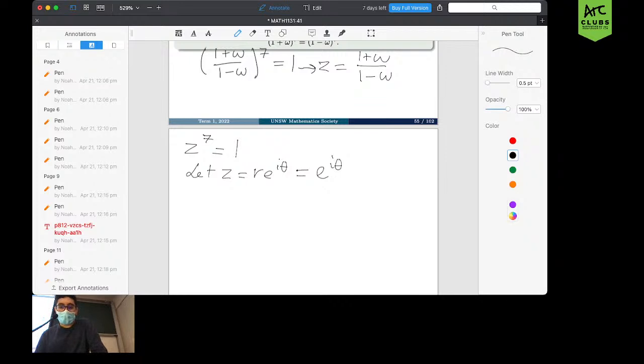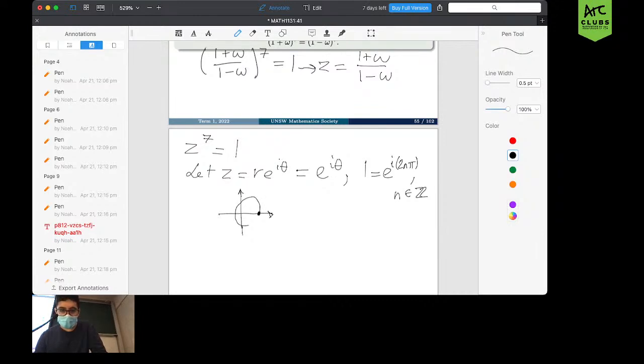Since our left-hand side is now in polar form, we want the right-hand side to be in polar form. So we write 1 is equal to e to the i of 2n pi, where n is an integer. Because if we look at the complex number diagram, or the Argand diagram, whatever you want to call it, then if we have the complex number 1, it lies on the real axis, and it has argument 0.